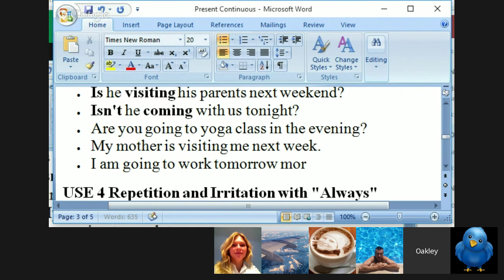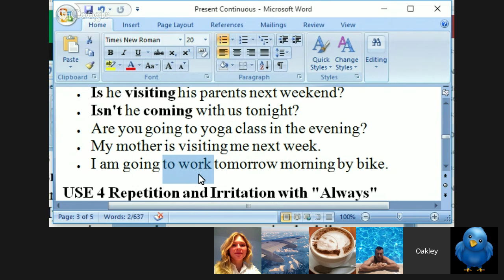Now, at first glance, this looks like that Joel has created a simple future tense verb, but it's not actually. It's not, because work here is a noun, and this is actually to work. This is actually a prepositional phrase.